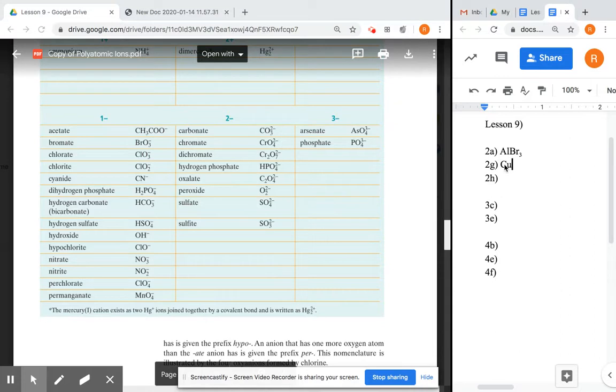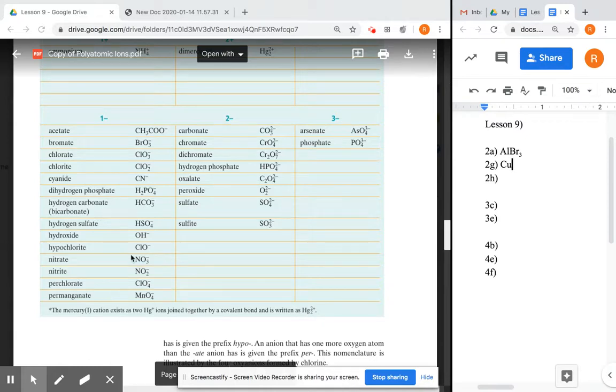Copper 2, and that has a 2+. Now think of this nitrate as one single atom with a minus charge. That's why we write parentheses around it, because we need to show that there are 2 of them. If there are ever 2 of these polyatomic ions, you write parentheses around them. If there's only 1 of them, all you need to do is write NO3.